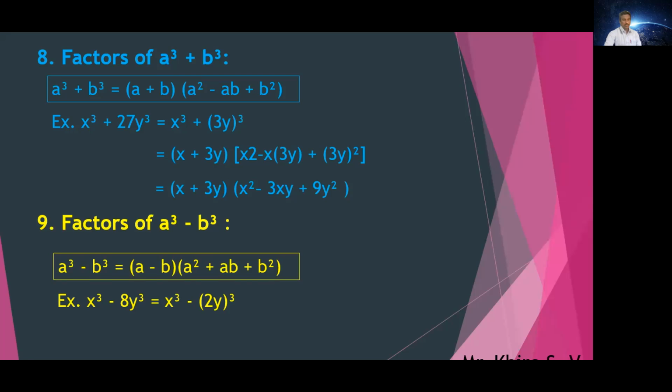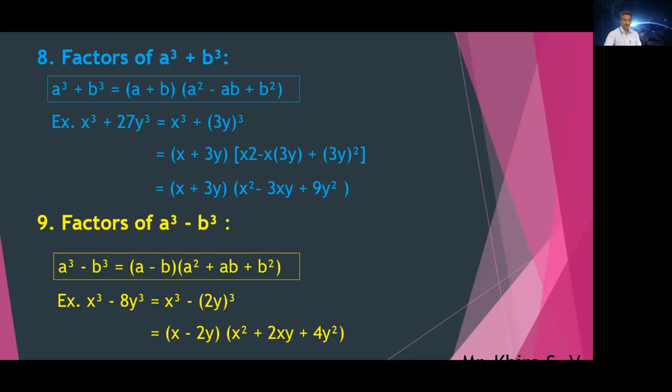x cube minus 8y cube is equal to, we have to use the above identity for this. Now 8y cube is the cube of 2y, that is (2y) whole cube. Now use the above identity for solving this example. a is equal to x and b is equal to 2y.